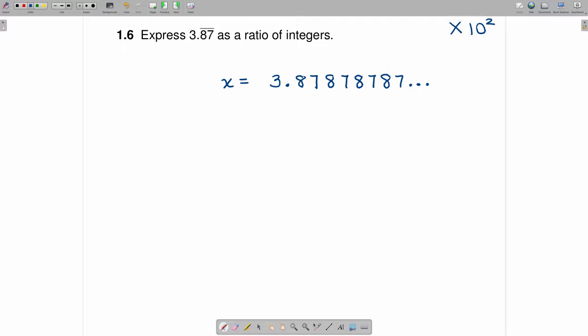So when we multiply the left-hand side of the equation by 100, we simply get 100x.